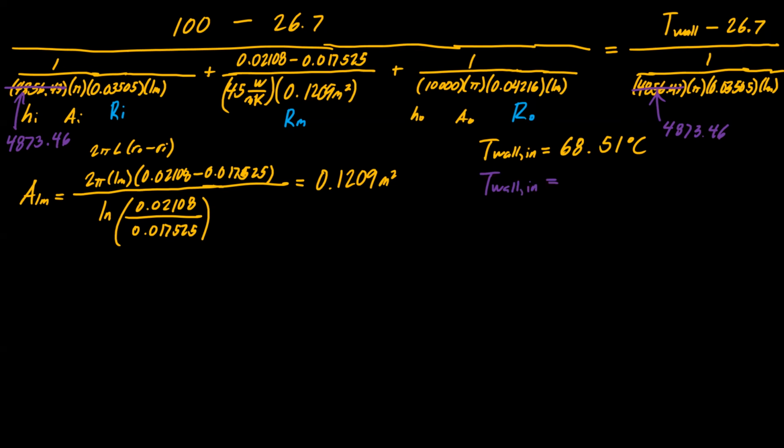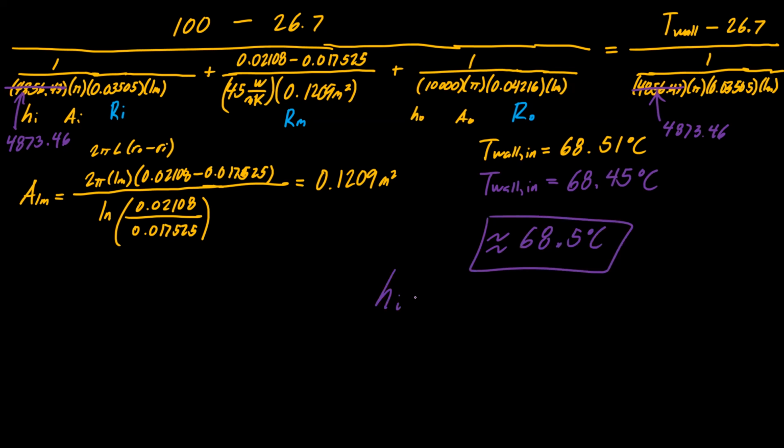Should be somewhere near. Okay, so this time it's 68.45. So somewhere there. So you can probably stop the iteration here, or you can do the third trial and error.